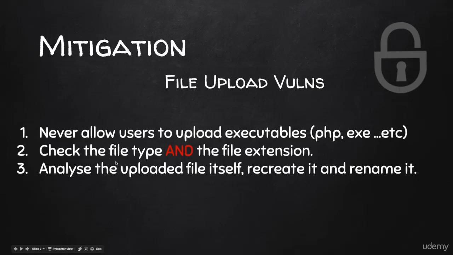So if you're uploading an image, make sure that the file type is an image and the extension is an image extension, so it's a JPEG or a PNG or any other image type only. And once you do these two checks, make sure that you recreate the uploaded file. So you check that the file is an image and you check that the extension is an image extension. Then analyze the file using some sort of a library.